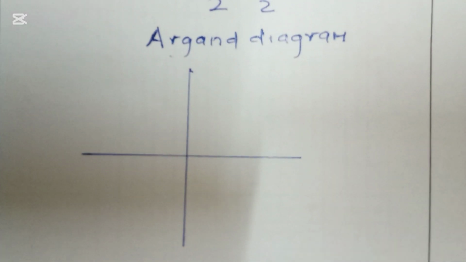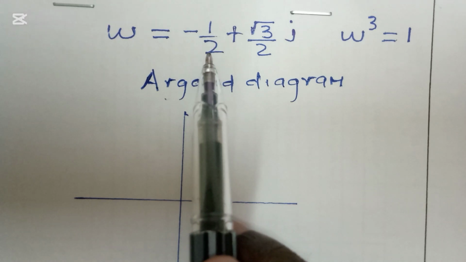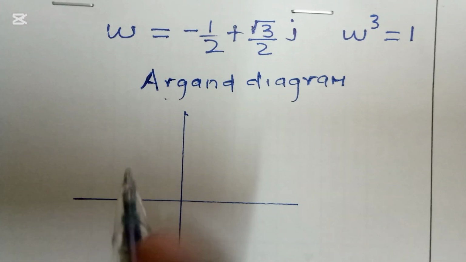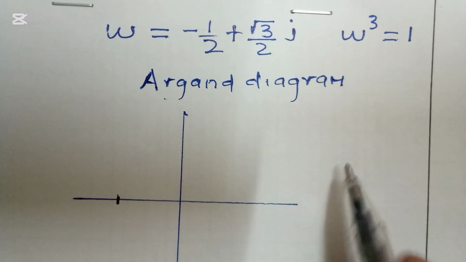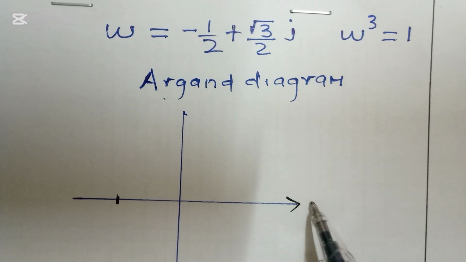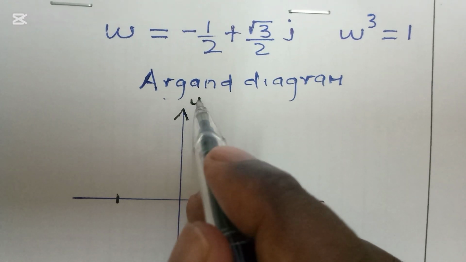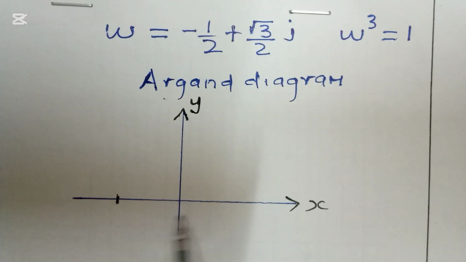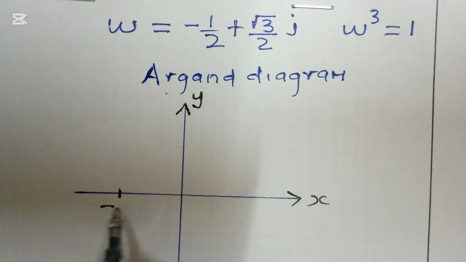In so doing, this is the real part, and the negative is going to be found on this side, because remember that this side is positive. That is x and y. We have the positive side and the negative side. So guys, our negative a half is at that point.